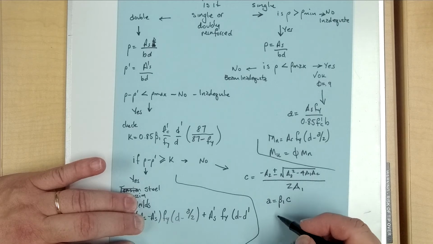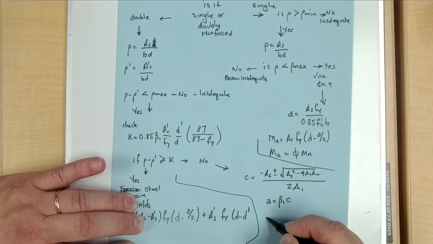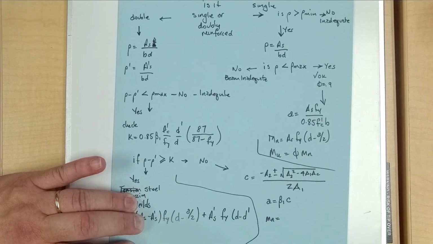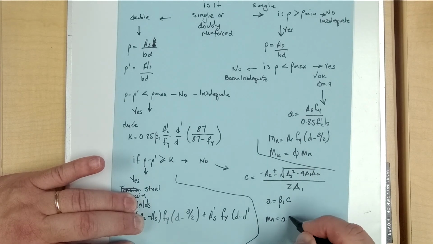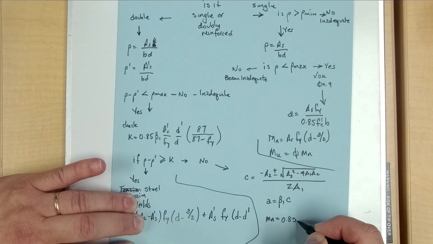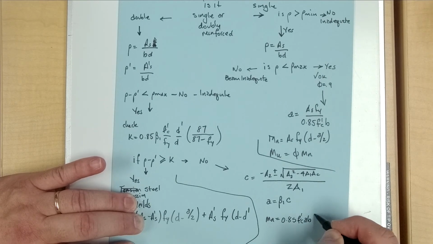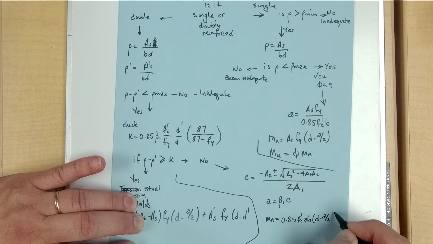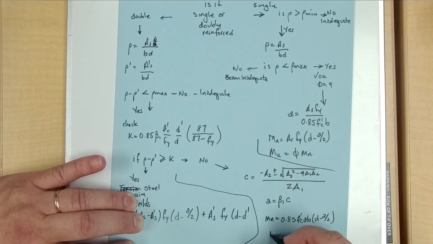And further, that our nominal moment capacity is then equal to 0.85 f'c a b multiplied by (d minus a over 2) plus A prime s (f prime s minus 0.85 f'c).